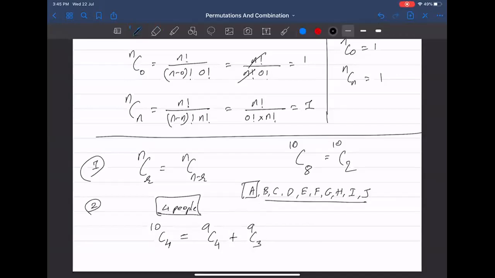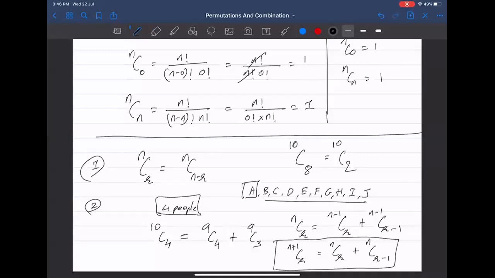Now, how have people written this? You can write it as nCr equals n minus 1 Cr plus n minus 1 Cr minus 1, or, let me write it this way, nCr equals n Cr minus 1 and so on. I think they must have written it this way.